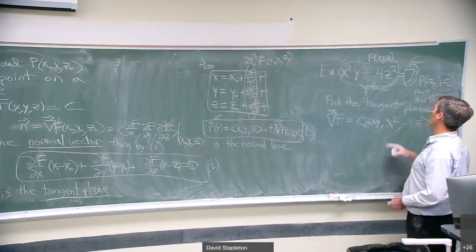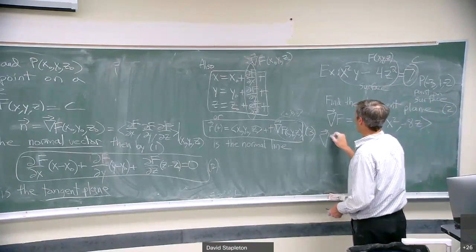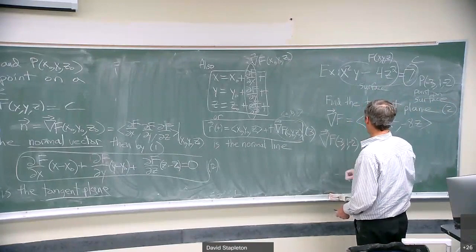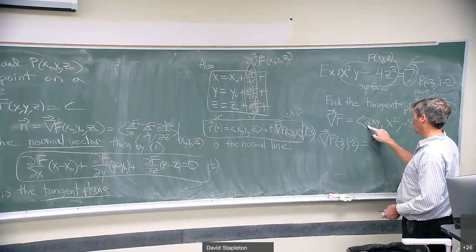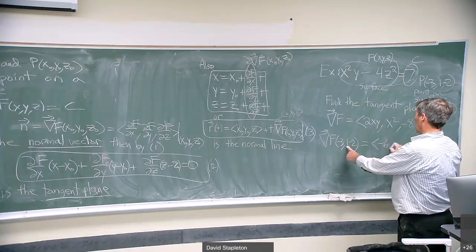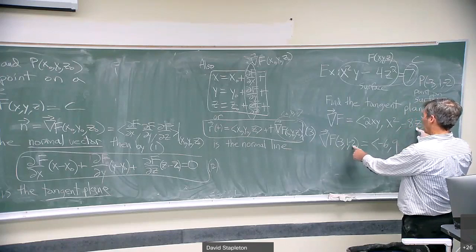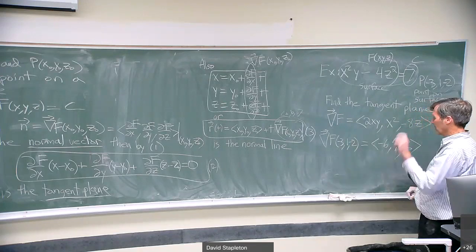But what we need is actually the gradient at this point. Assuming this is a point on the surface, we just plug in minus 3, 1, minus 2, and we get this for the gradient at that point. 2 times minus 3 is minus 6, times 1 is still minus 6. Then x squared is 9, minus 8z would be 16. So there's the gradient vector.